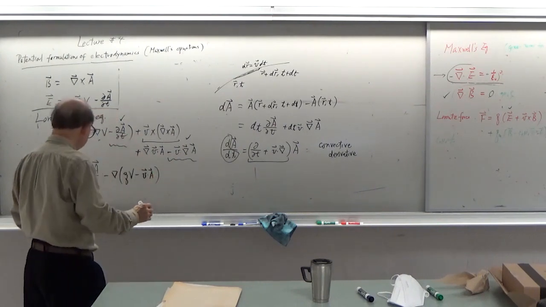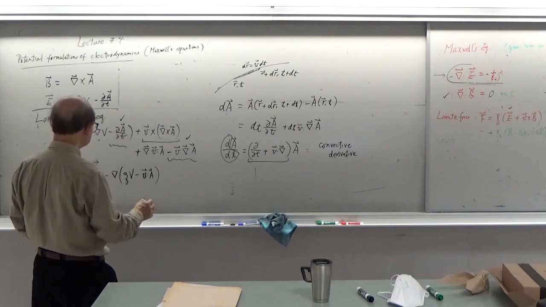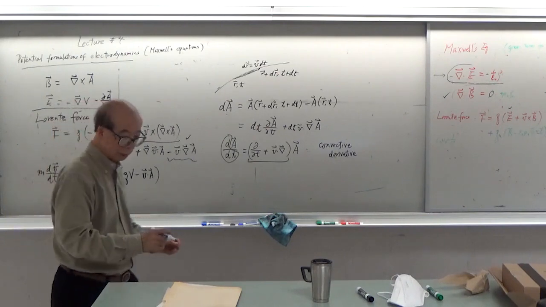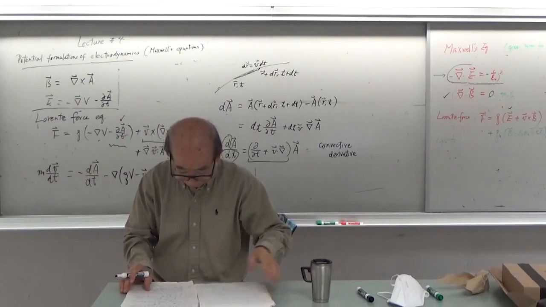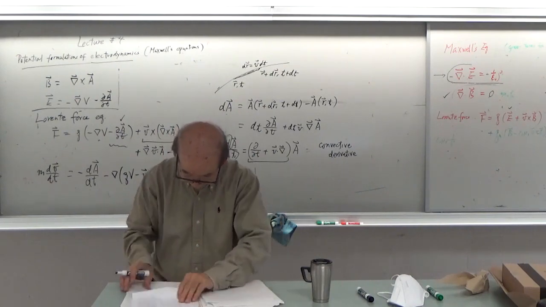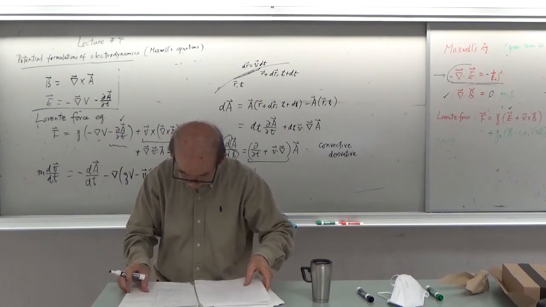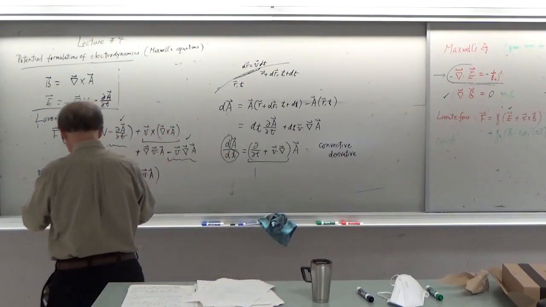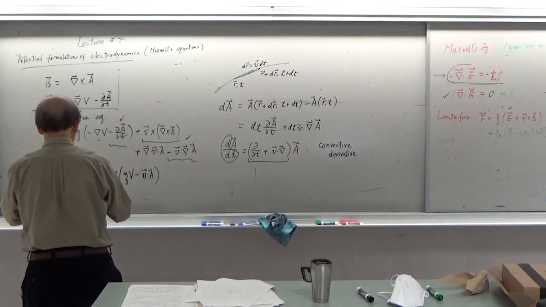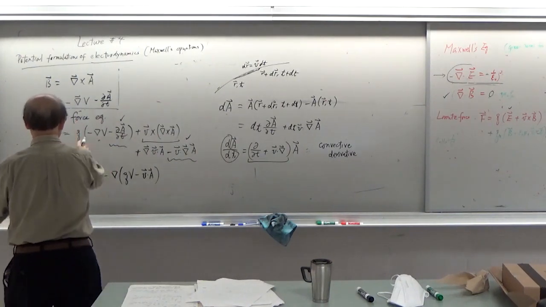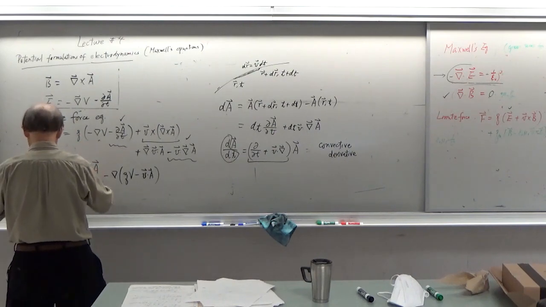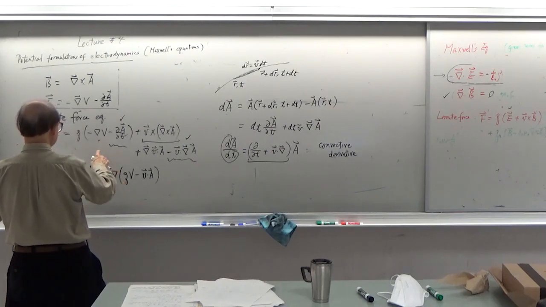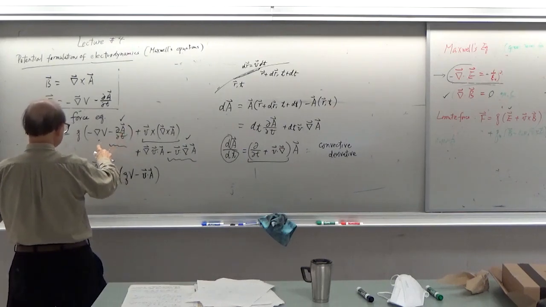Let me check against my notes to make sure. The sign looks a little bit funny, but I could not find a mistake. Oh, in the first place, there's a Q here. And then there's also a Q here, and there's also Q and v.